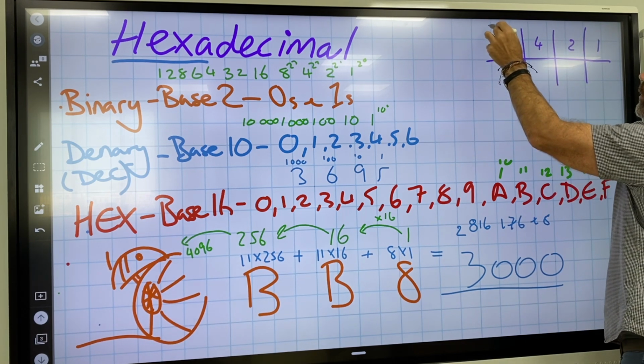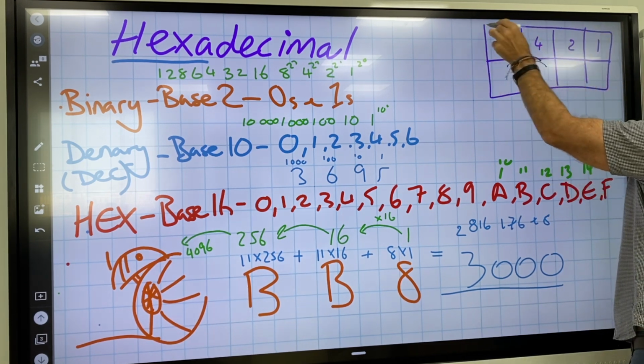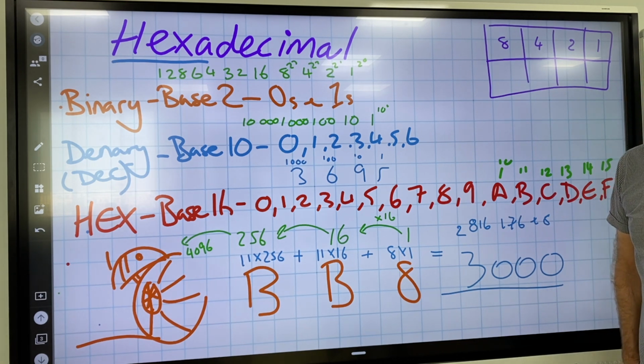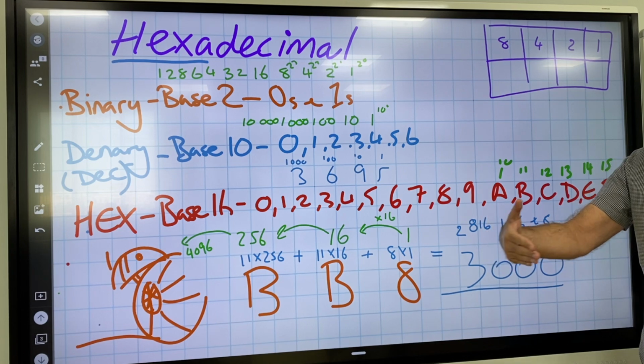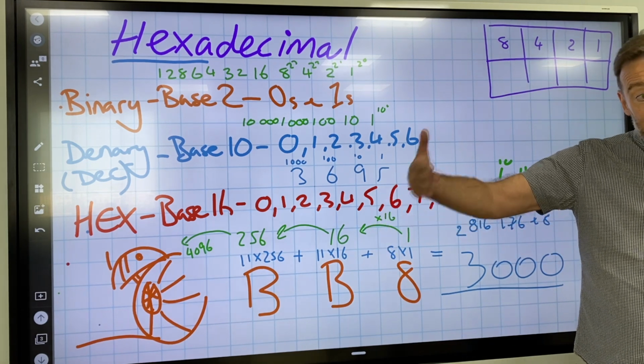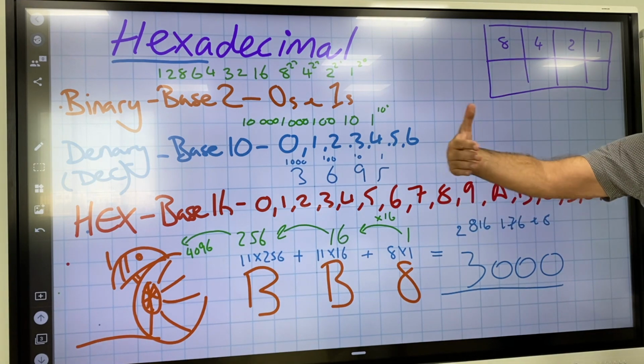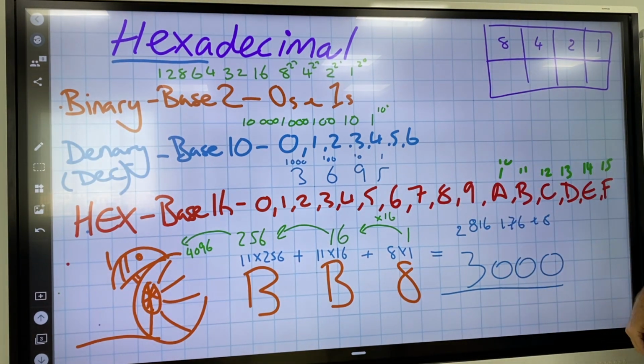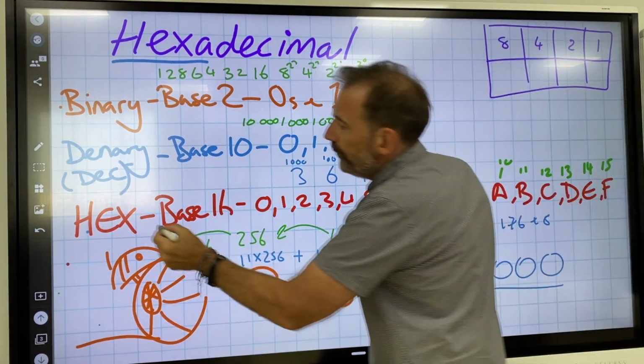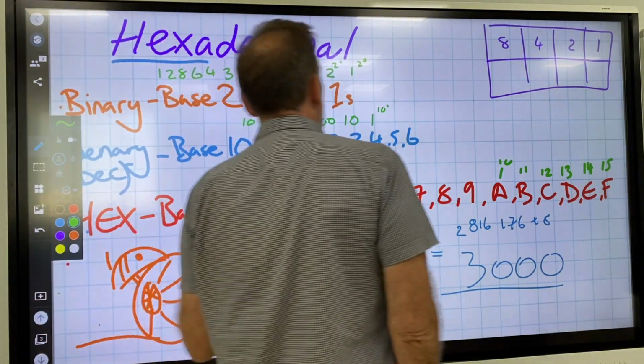That is a nibble. A byte is 2 nibbles, or 8 bits. Like an 8-bit register would be a byte. This is a nibble. It's half of a byte, basically.